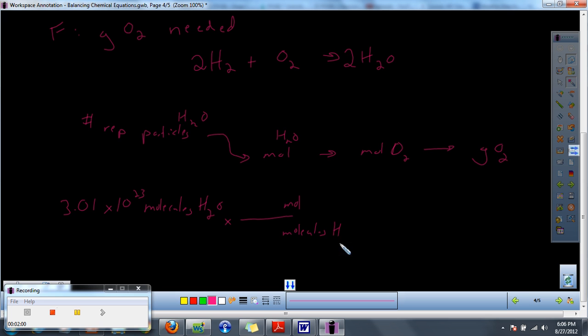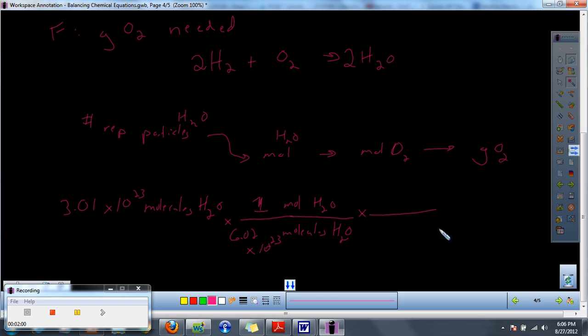Okay, so to do that, let's see, in 1 mole you'll recall that there are 6.02 times 10 to the 23 molecules. So that allows you to go from molecules into moles of water, and then you can go from moles of H2O into moles of O2.